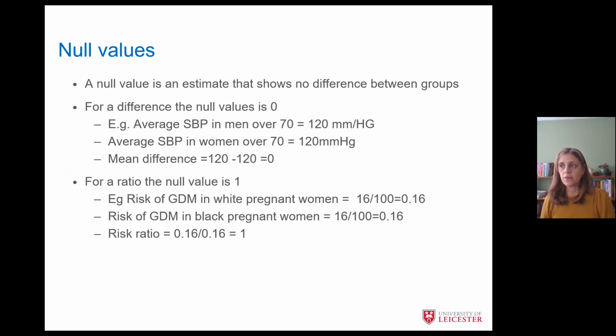So instead of mean difference, where you're minusing one value from another, now you're dividing. So the risk ratio to compare risk of GDM in the two groups is 0.16 divided by 0.16, which equals 1. So for any sort of ratio, because you're dividing the value in one group by the value in another group, the null value is always 1. So null value for a difference is 0, null value for a ratio is 1.